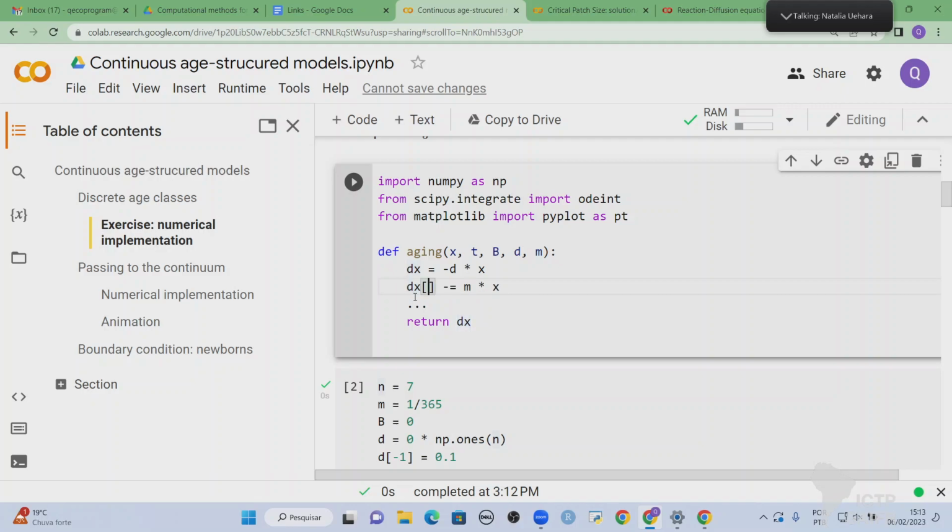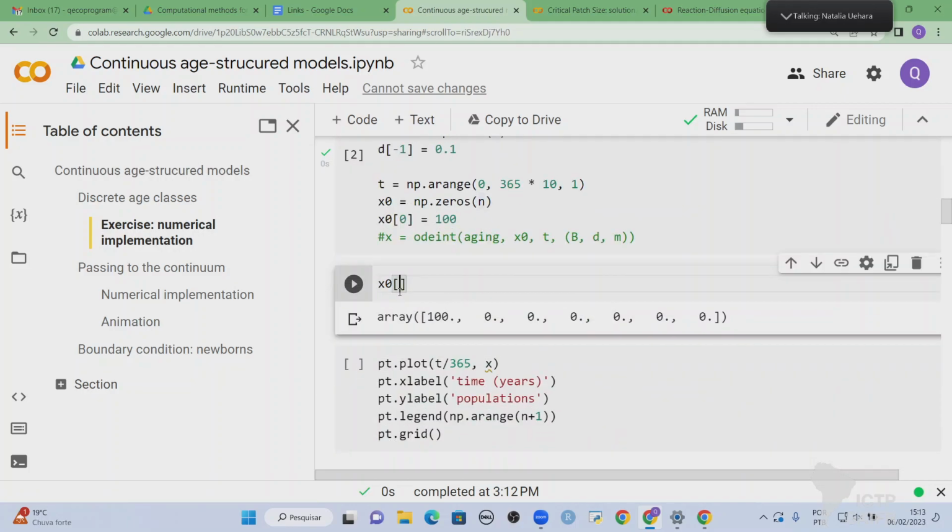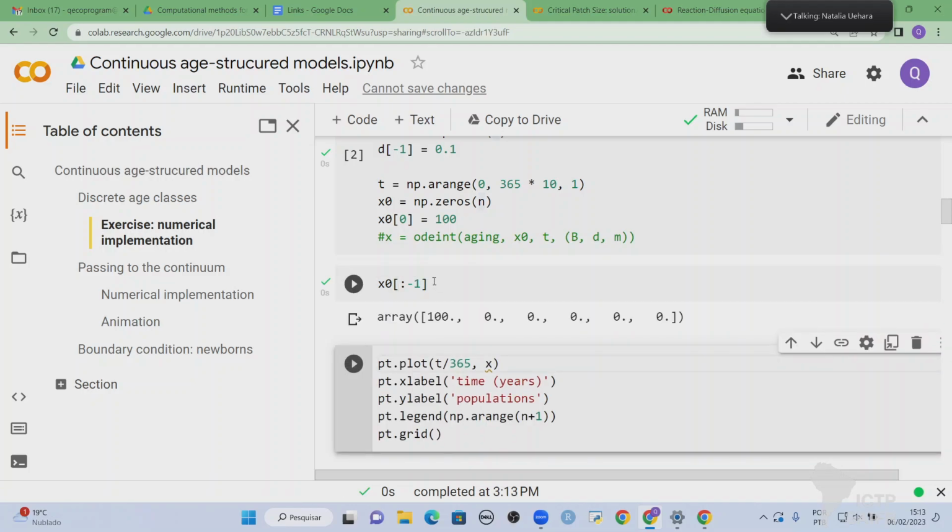So how do I exclude the last one? I take all of the elements except the last one, both here and here. You remember how, if I take this slice, I take all of the elements up to, but not including, the last one. So this here has one less element, you see? 1, 2, 3, 4, 5, 6.